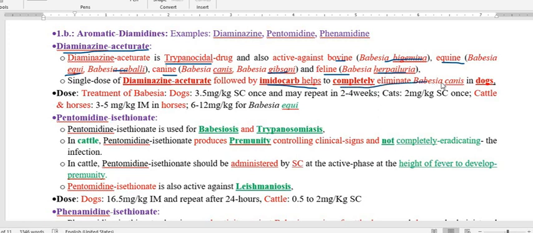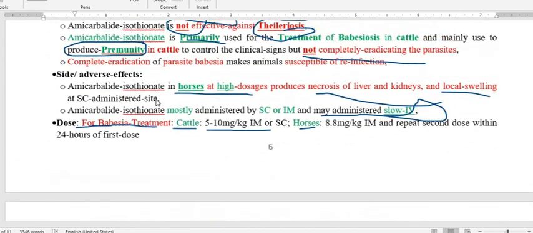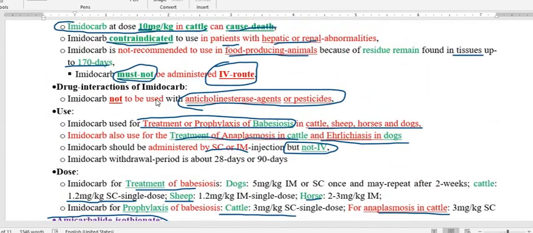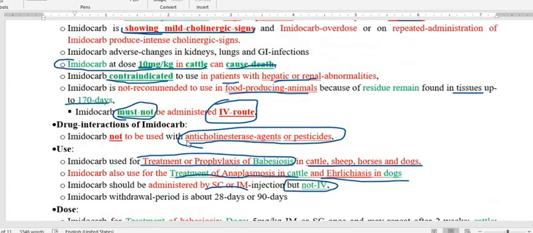Diminazene aceturate followed by imidocarb treatment helps to eradicate Babesia, particularly from the dog, the species Babesia canis. So if you want complete removal of Babesia canis, then you have to use first diminazene aceturate, that we have already seen.